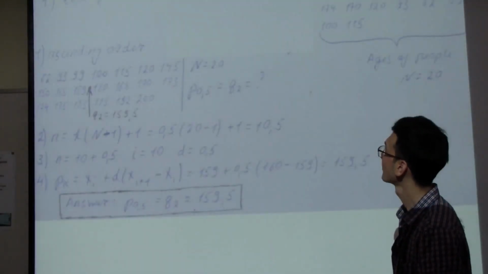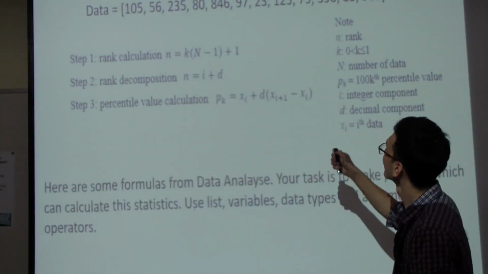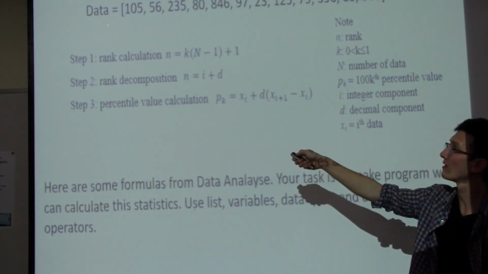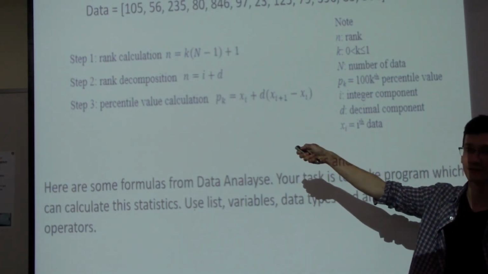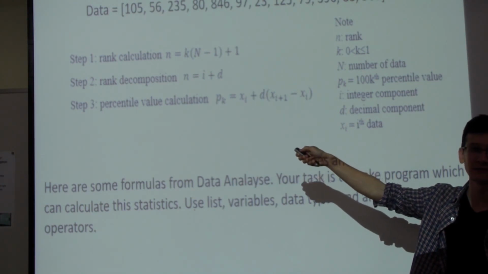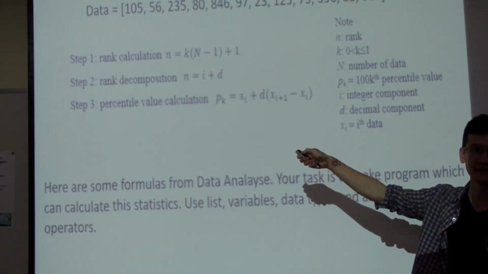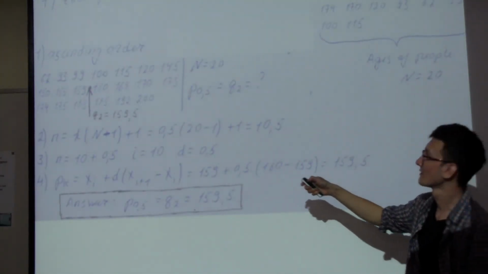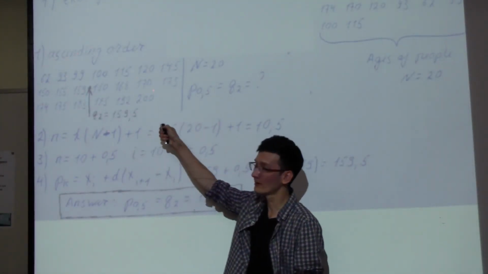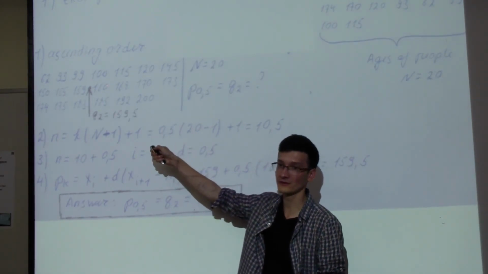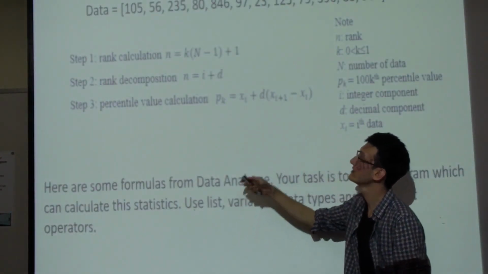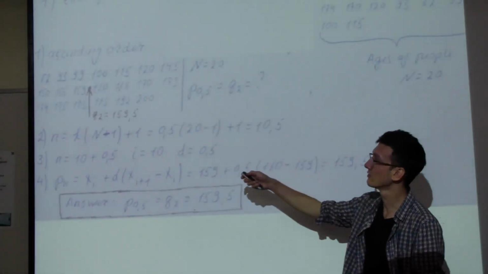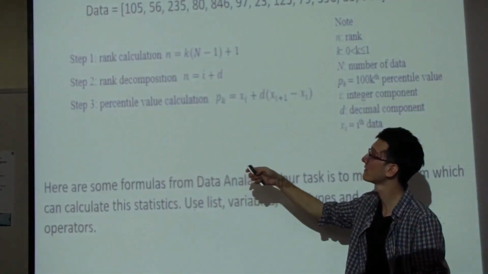So now we have data. What is this data? What kind of variable type? It is a list. Here we have numbers.